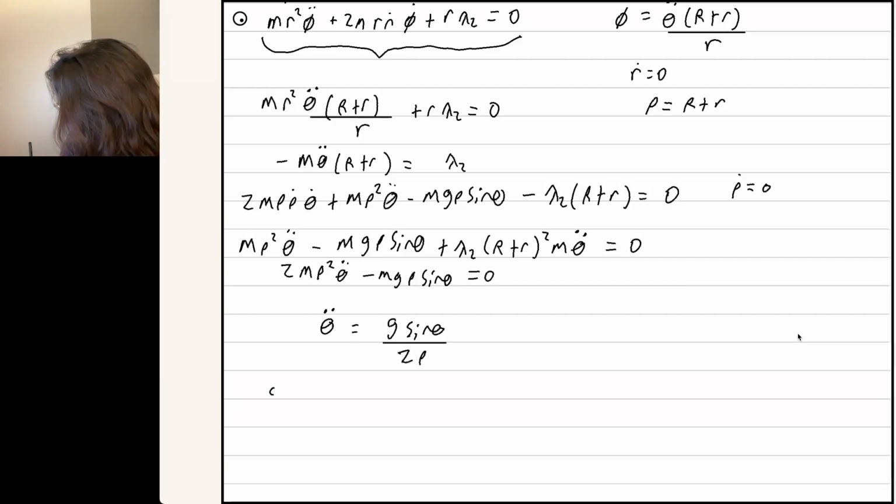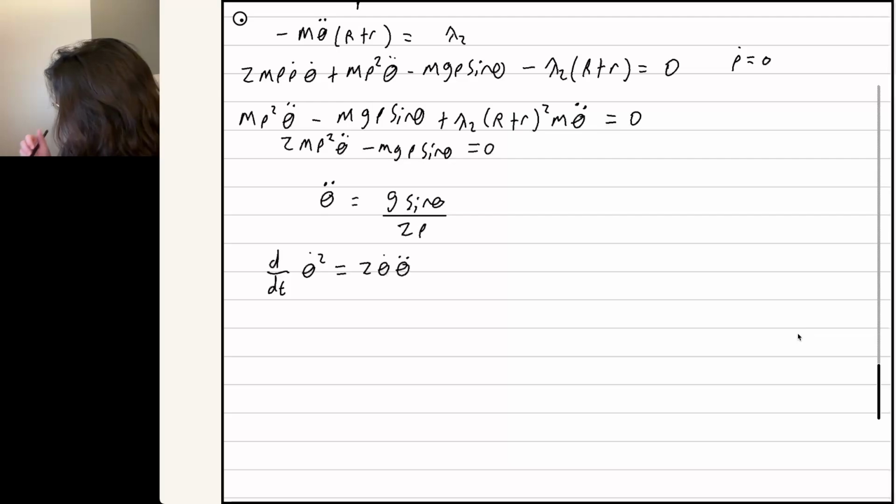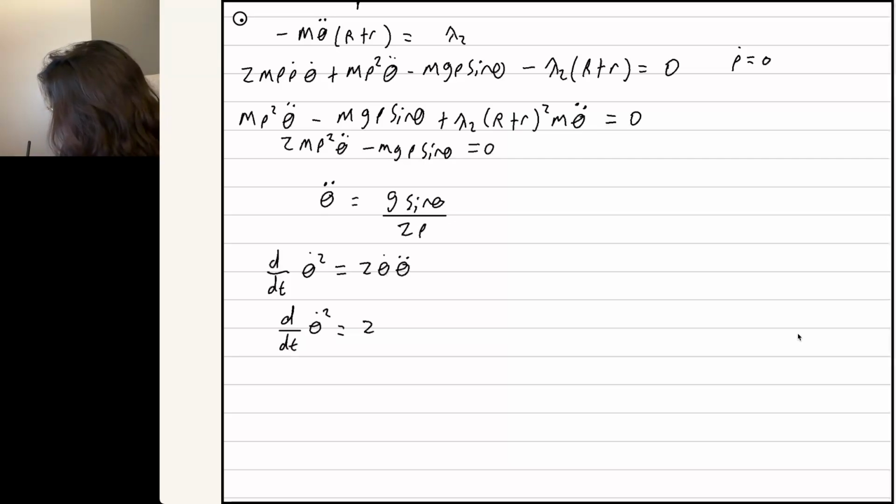We're going to use the fact that the time derivative of theta dot squared is equal to 2 theta dot theta double dot to solve for this. Okay. So just plugging in what we got for theta double dot, you have the time derivative of theta dot squared is equal to 2 theta dot times g sine theta over 2 rho.